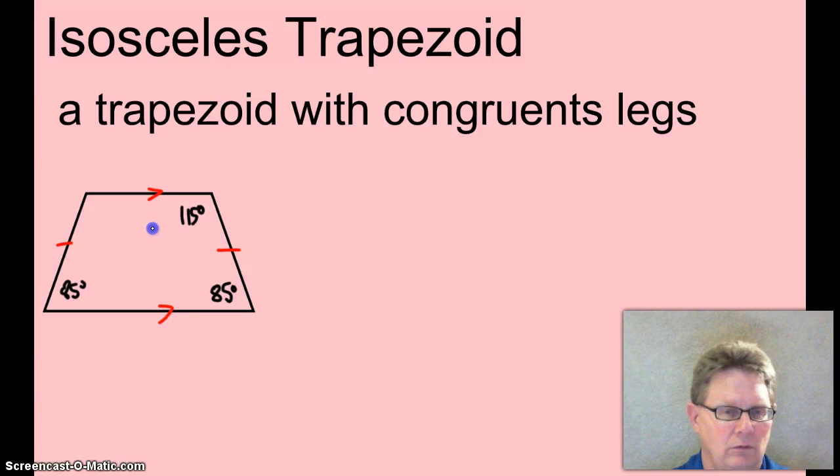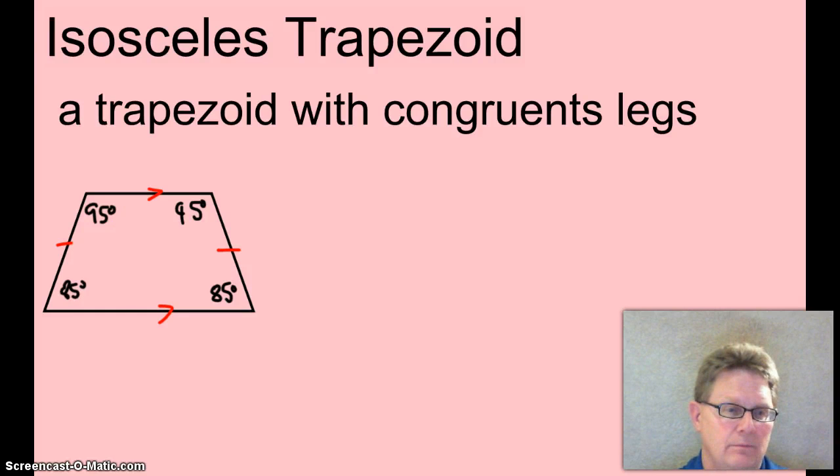No, it won't. That'll not be 115. Wow. That'll be 95. I don't know my subtraction well. So these two base angles are also congruent, 95 degrees. So those are the two cool things about an isosceles trapezoid: they have congruent diagonals and they also have two pairs of base angles that are congruent to each other.